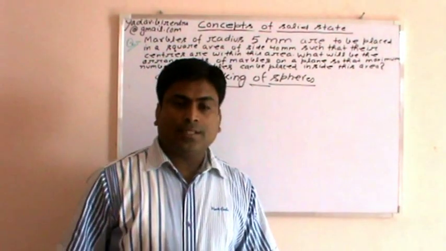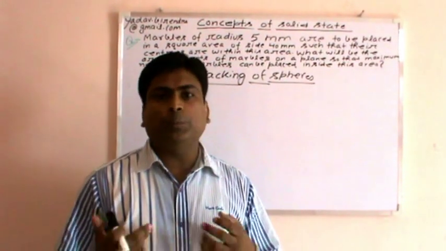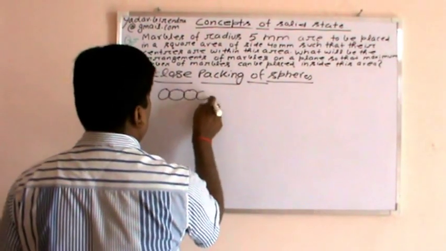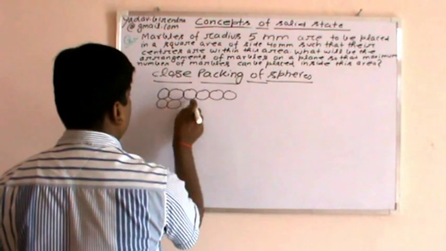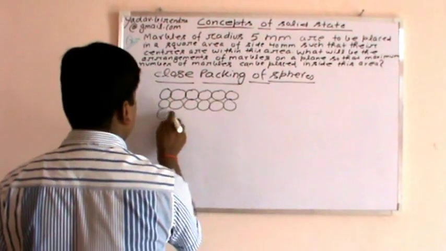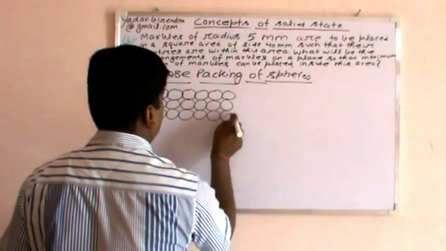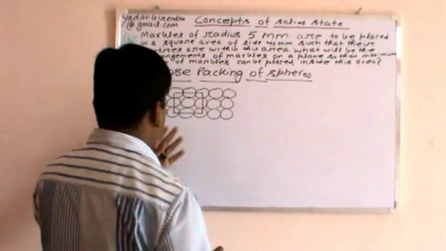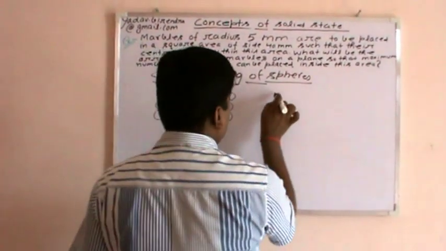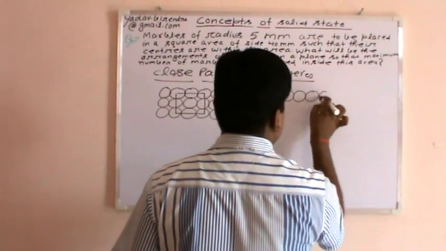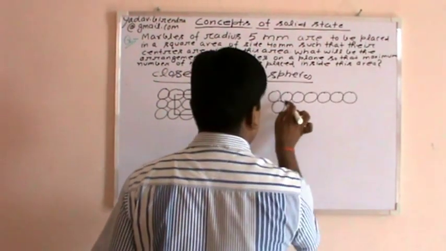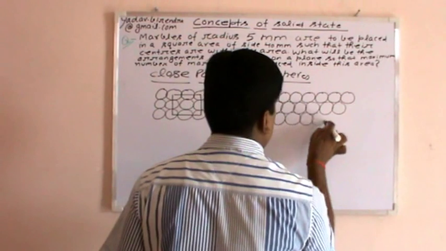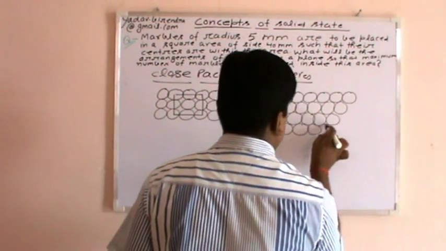If we try to place spheres closely on a plane, two possible arrangements are there. One is like this. This is called square close packing. Another arrangement is like this.